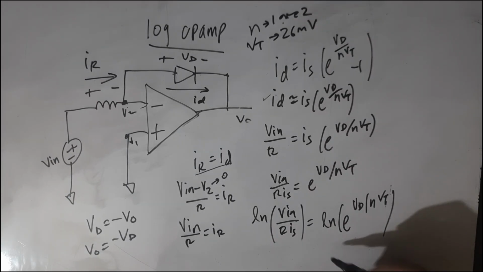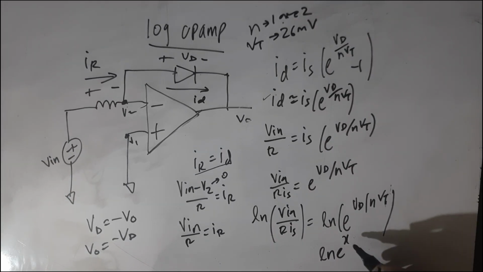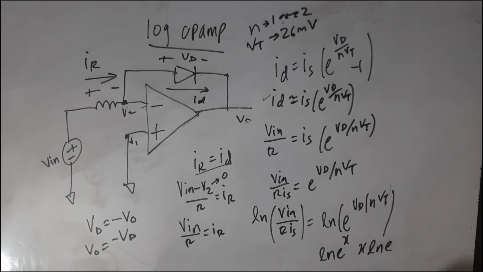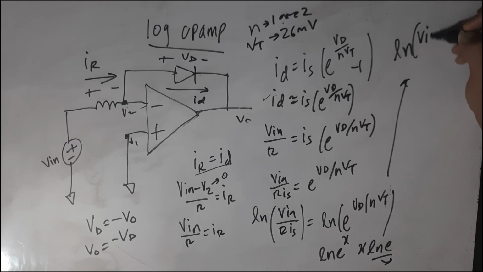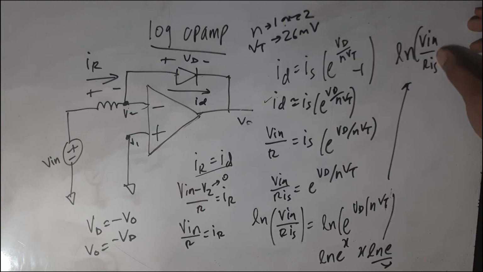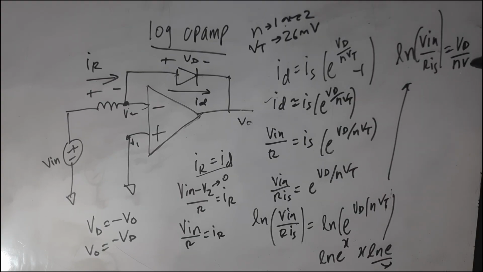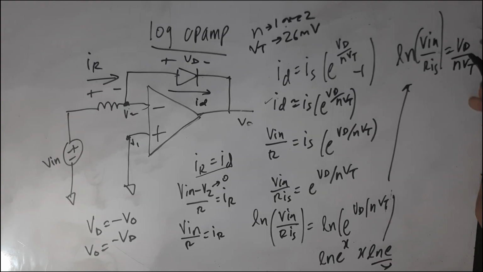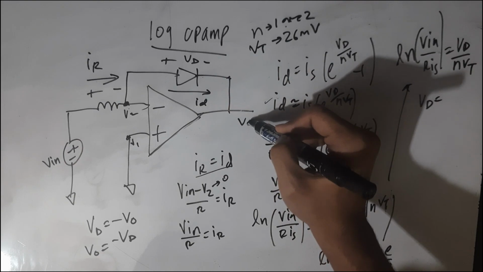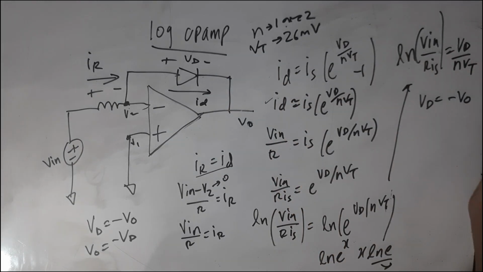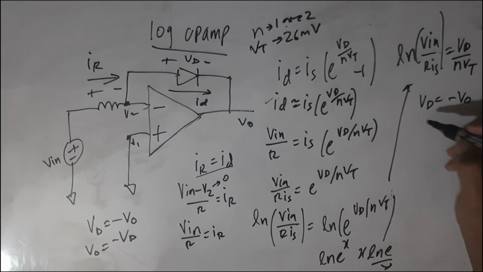Mathematically, ln e raised to x is basically x ln e, where ln e is 1. So we can use the same principle here. ln of Vin by R IS is equal to VD by N VT, where VD is equal to the negative of V0, so we replace VD with V0.